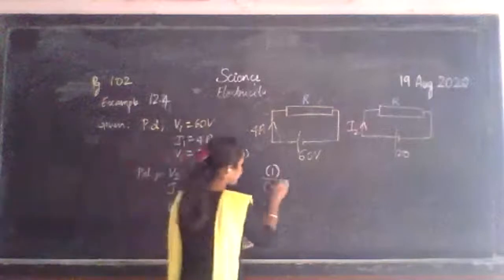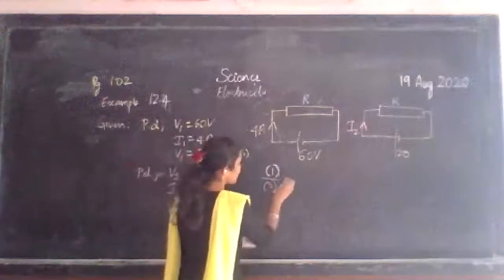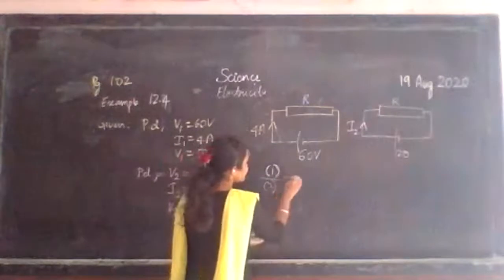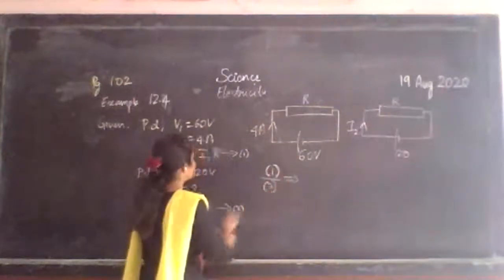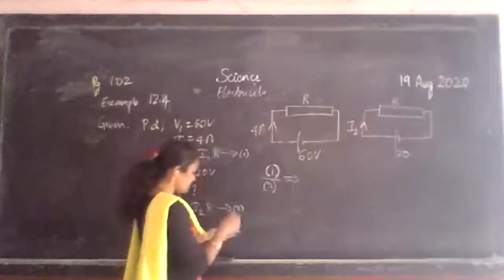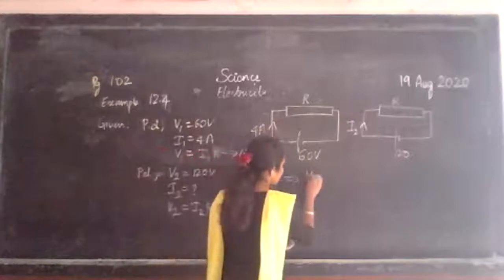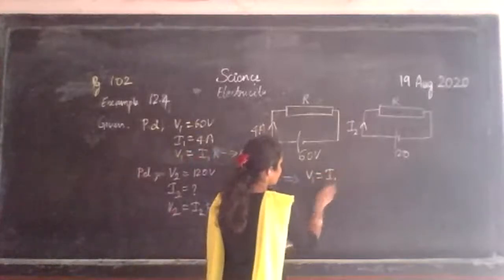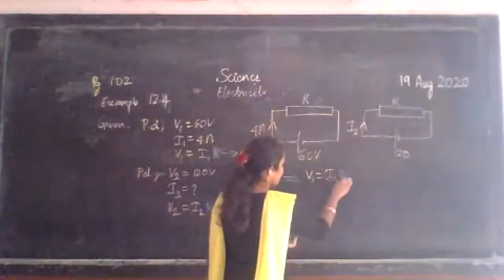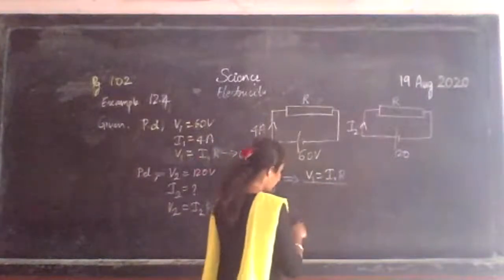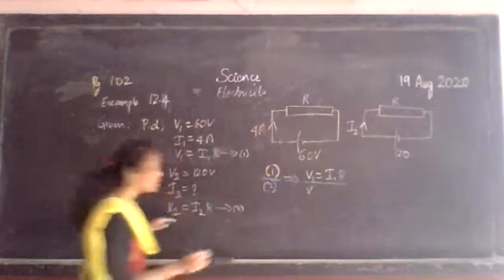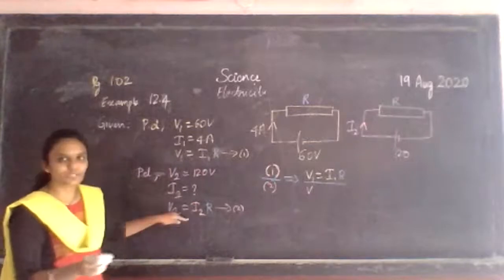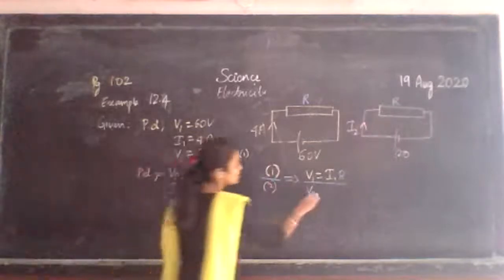Equation 1 is V1 is equal to I1 into R, whole divided by equation 2. What is equation 2? V2 is equal to I2 into R.